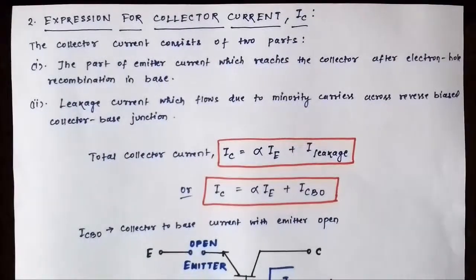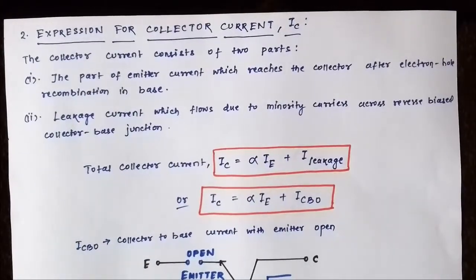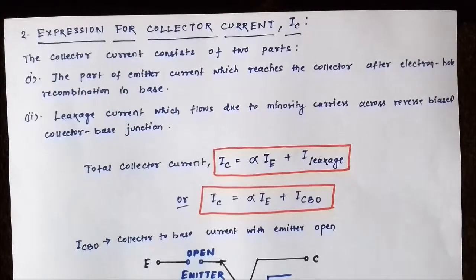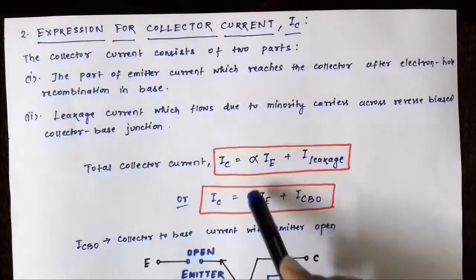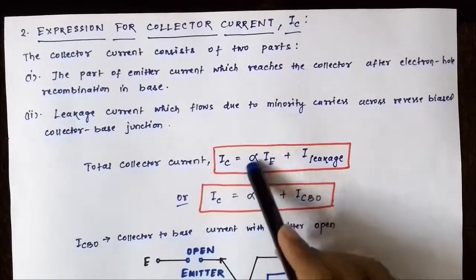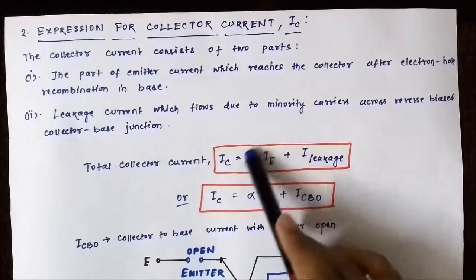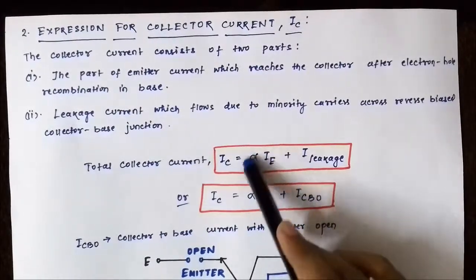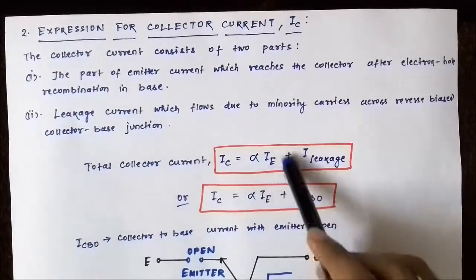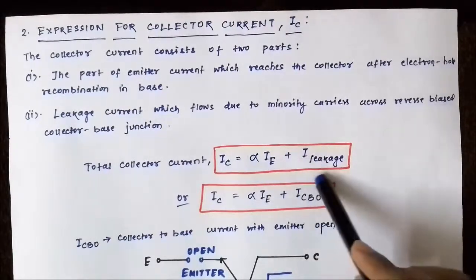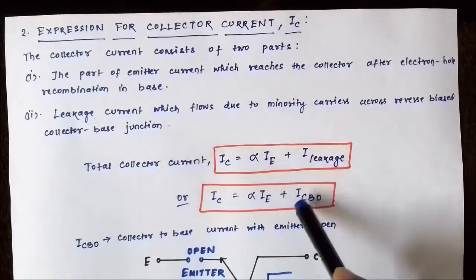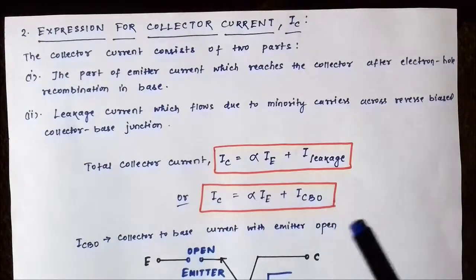The first part of the current, which relates the current amplification factor value, is IC equals alpha IE. This is because of the emitter current which reaches the collector terminal.